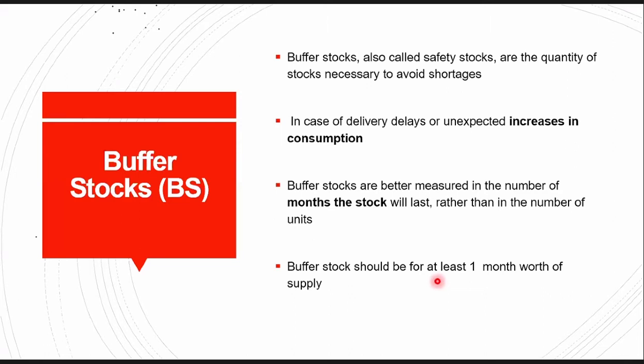So in case of a delay, if your supplier is not turning up in a month's time, you'll have something to use. But again, be careful, sometimes there is limited space to even keep that buffer stock.